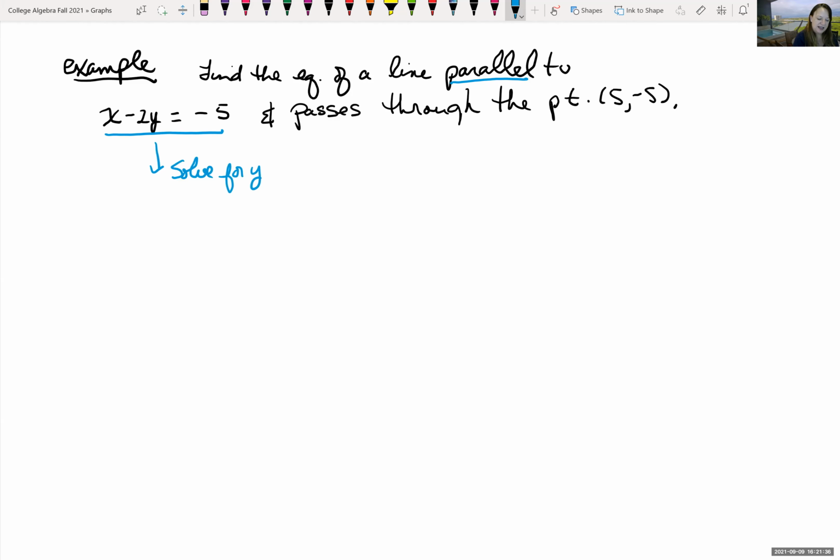We would subtract x on both sides. We would get -2y is equal to -x minus 5. Now let's divide everything through by -2. So we would get y is equal to, well, -1 over -2, so that's 1/2 x, and -5 over -2, so that's plus 5/2.